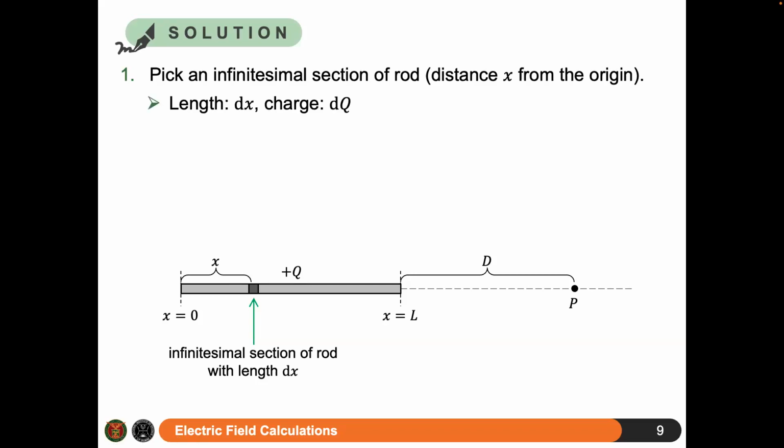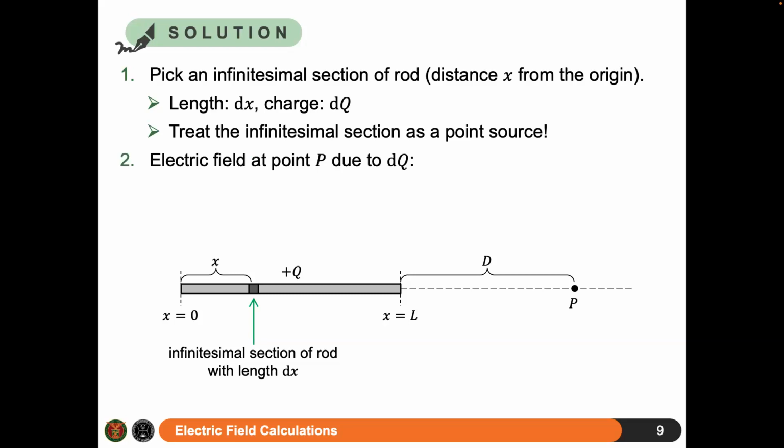So this infinitesimal charge dq will have a length dx. And we treat it as a discrete one. So we shift from continuous to discrete and then go back to continuous. So treat this infinitesimal section as a point source. And then we calculate our electric field due to this dq.